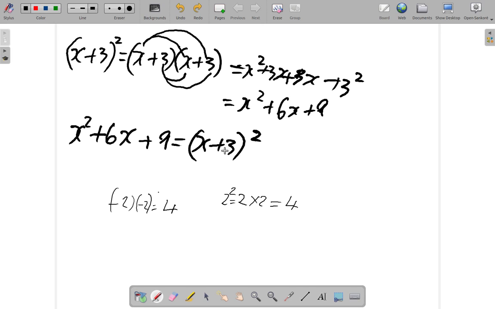Alright, now this form will give you a clue as to where the center of the graph is located.